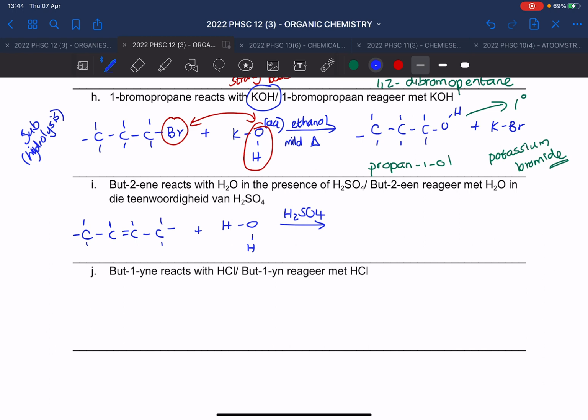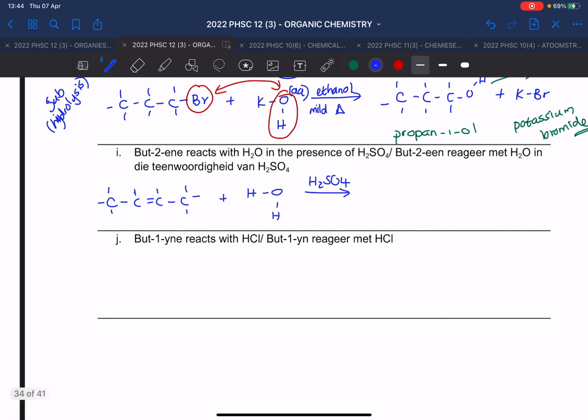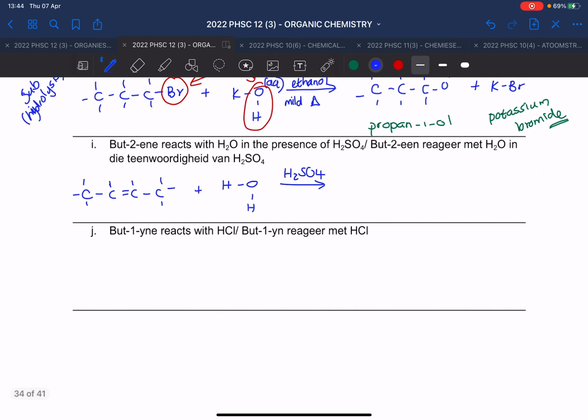Okay, number 2. What type of reaction is this? It is an addition reaction.